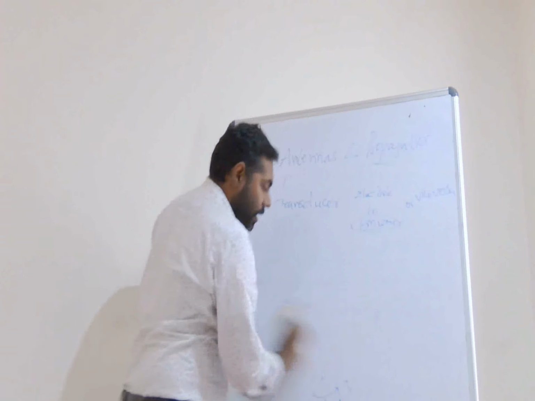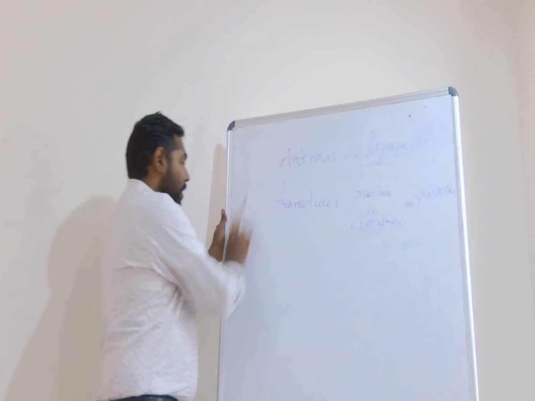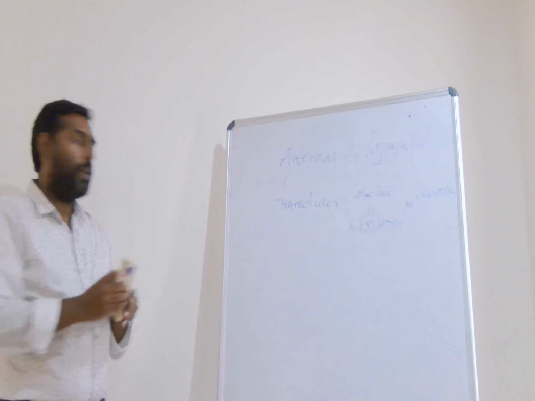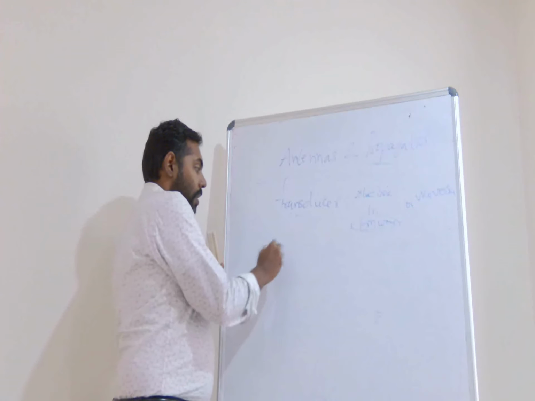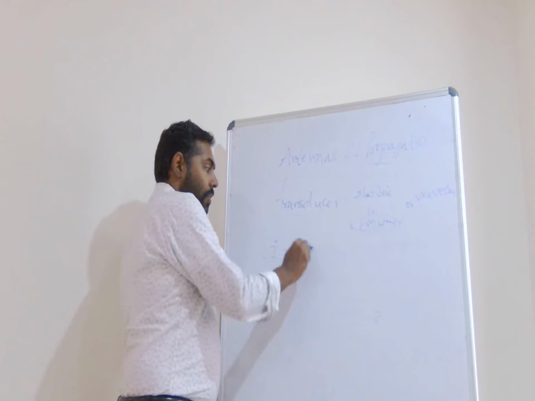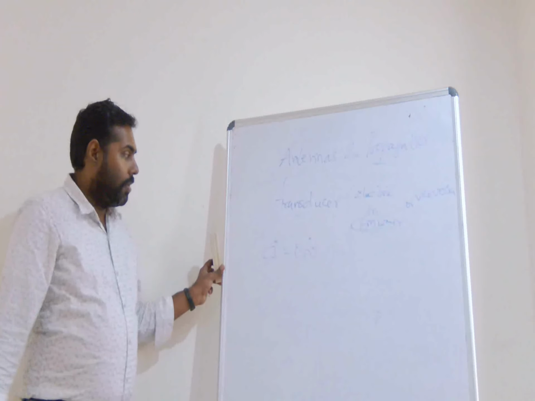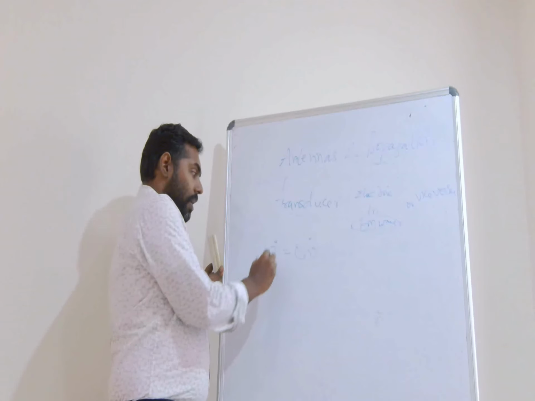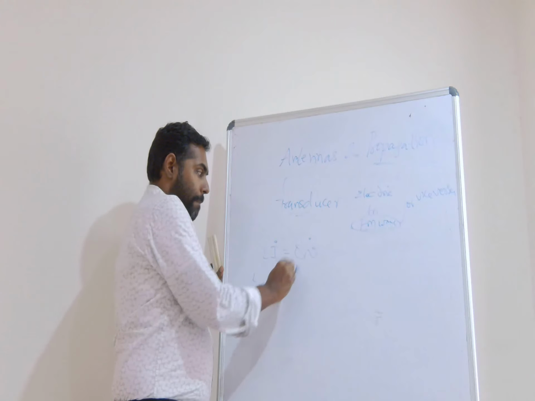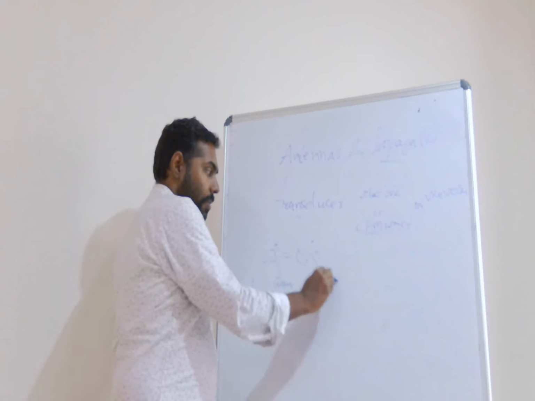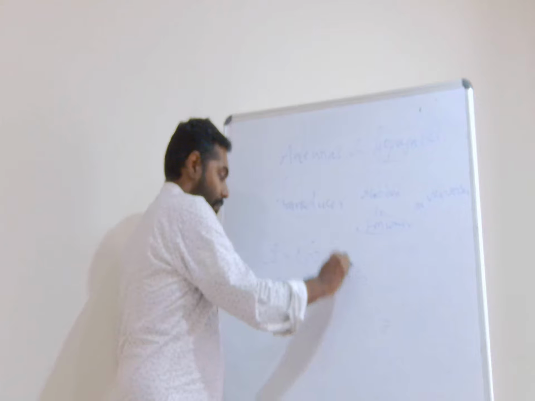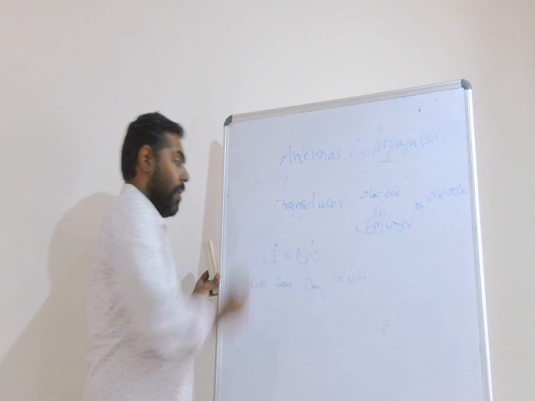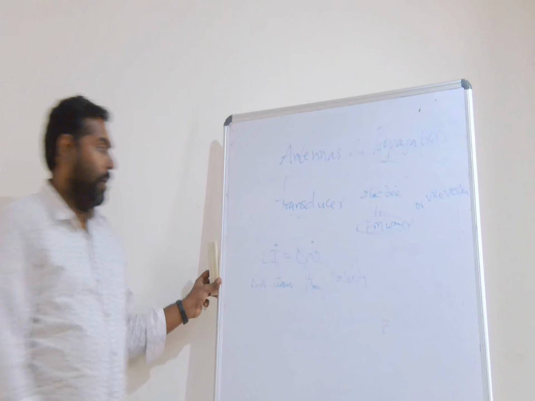But how does an antenna radiate? To know this, we have the basic equation L into I dot is equal to Q into V dot. Here L is the length of the conductor, I is current, Q is charge, and V is velocity.